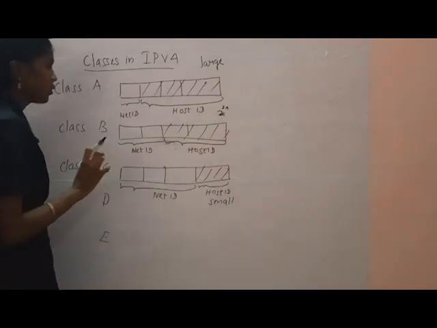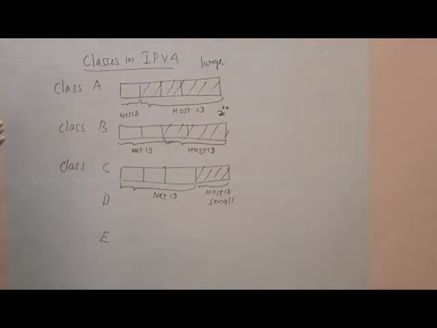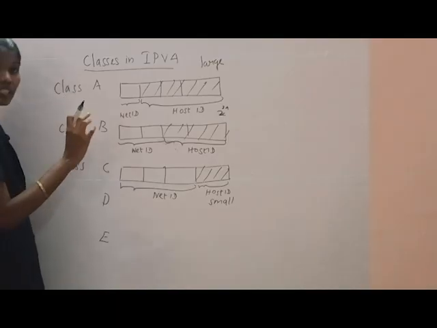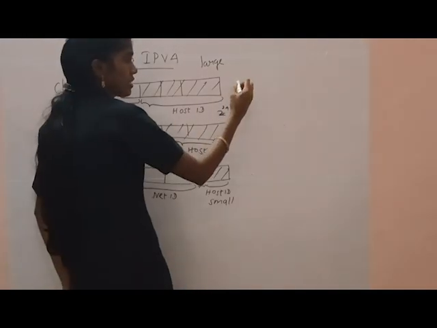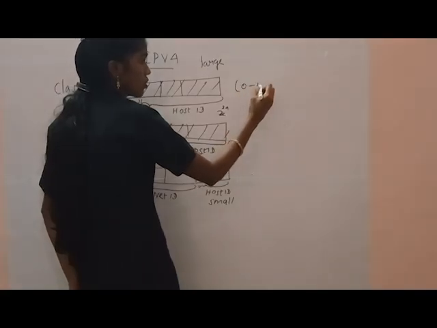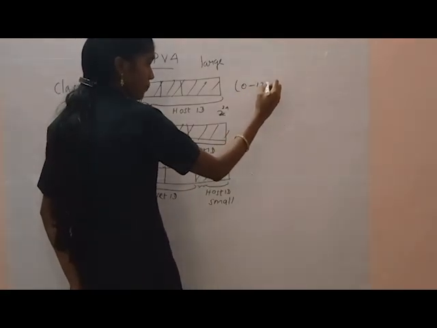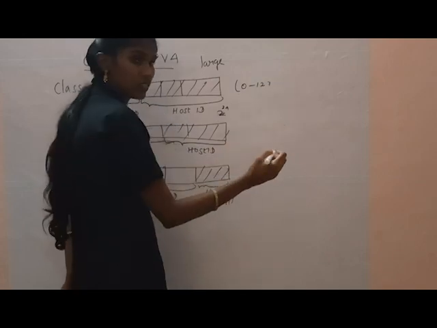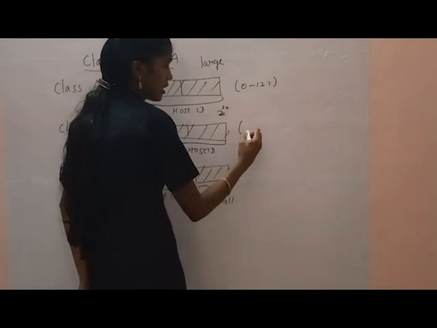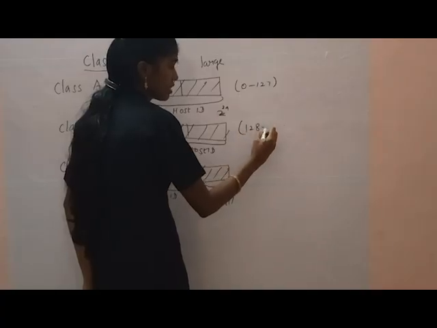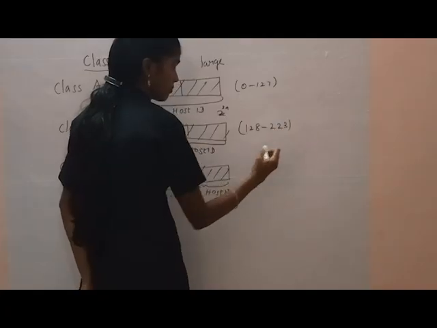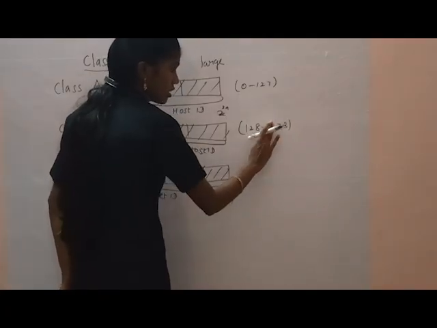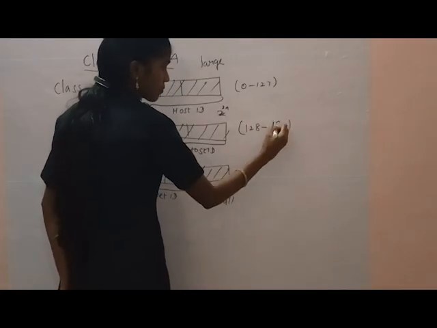Okay, now we can classify the classes based on the addresses itself. In class A, the starting address would be from 0 to 127. Next, class B starts from 128 to 191.